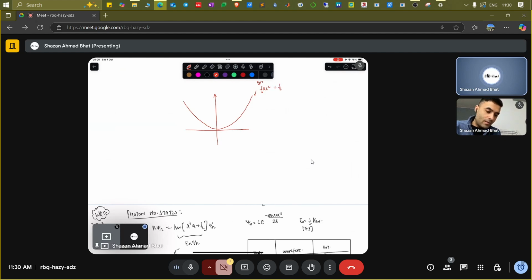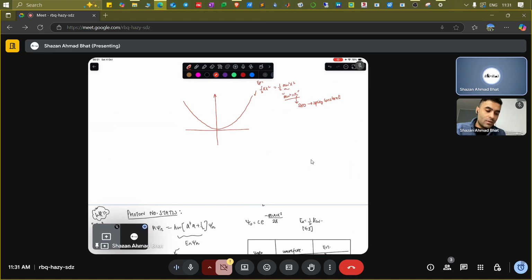You can write it as half m omega squared x squared, where m omega squared is basically k. In terms of the simple harmonic oscillator, it is the spring constant, the stiffness of the spring.